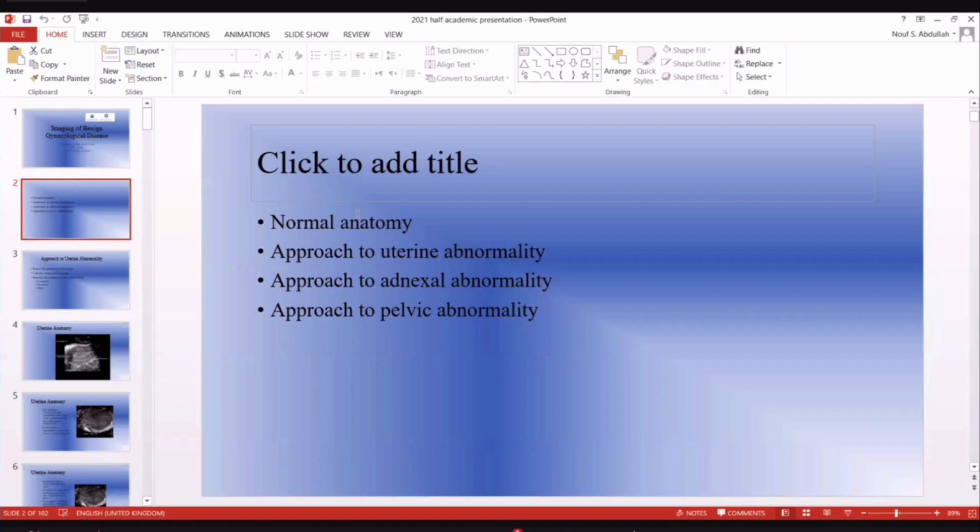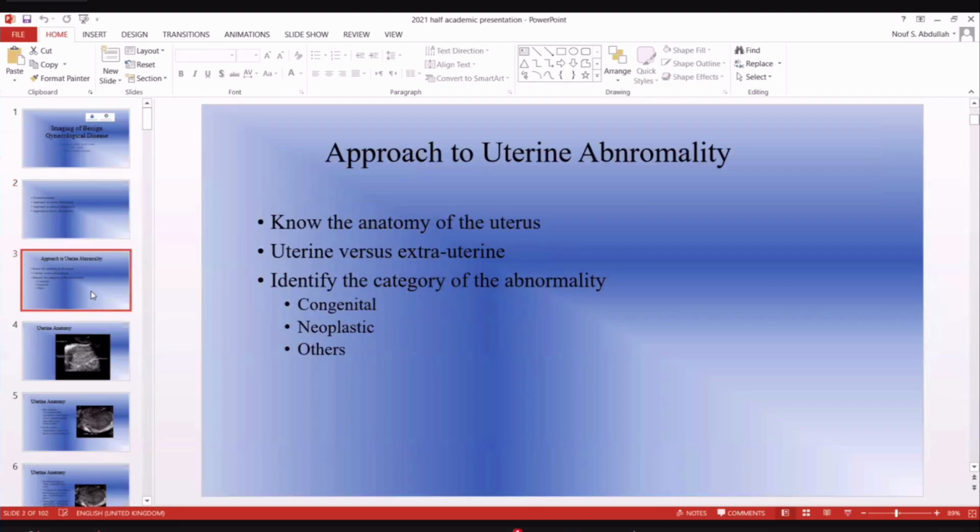And that would include, is it uterine, or is it adnexal, or is it a pelvic abnormality related to the... So the first part I will talk about is the approach to uterine anomaly.